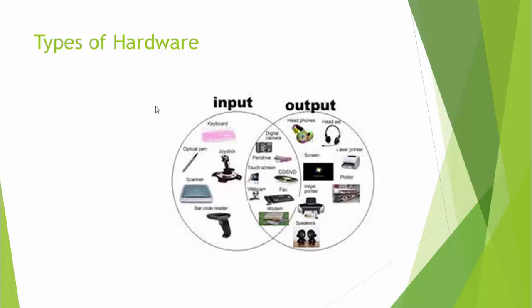And these are the input devices like a keyboard or a joystick, and output devices like headphones, like a printer, a monitor, things that push information out to the outside world. Now, there are lots of devices, more and more of them as a matter of fact, that fit in both groups at the same time.